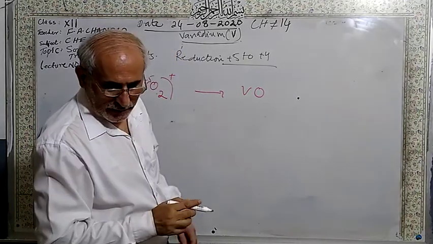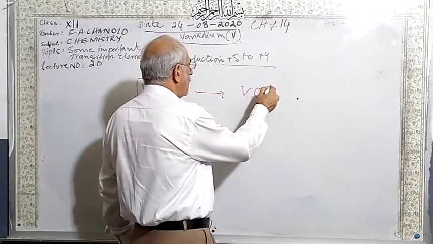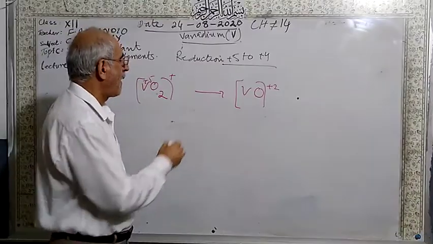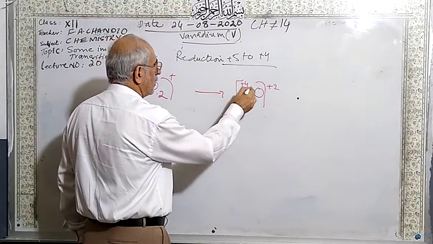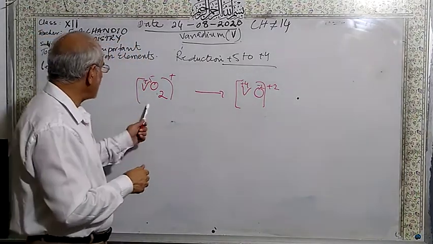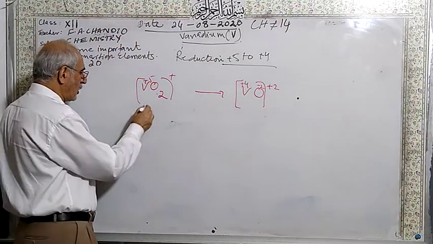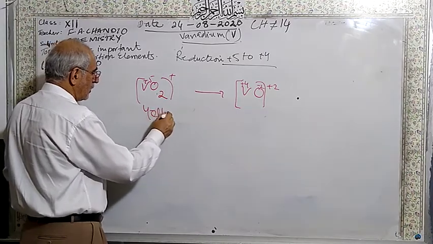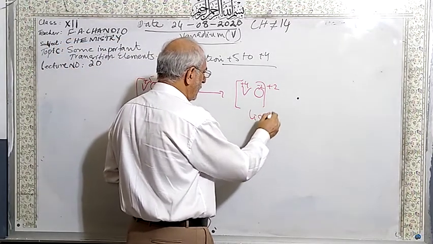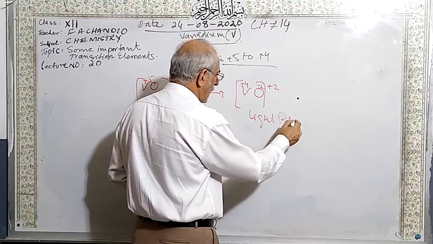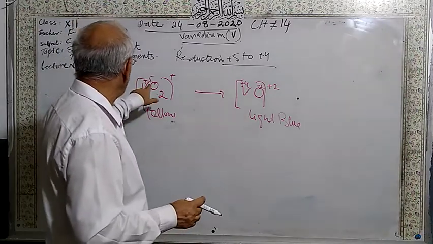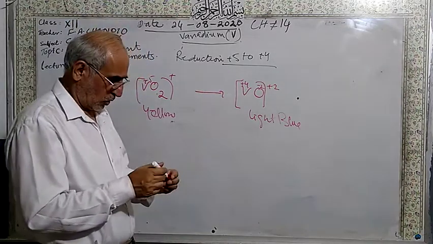The formula is like this one. So this color is yellow, and this color is light blue, and the mixture shows a green color between oxidation levels 5 and 4.